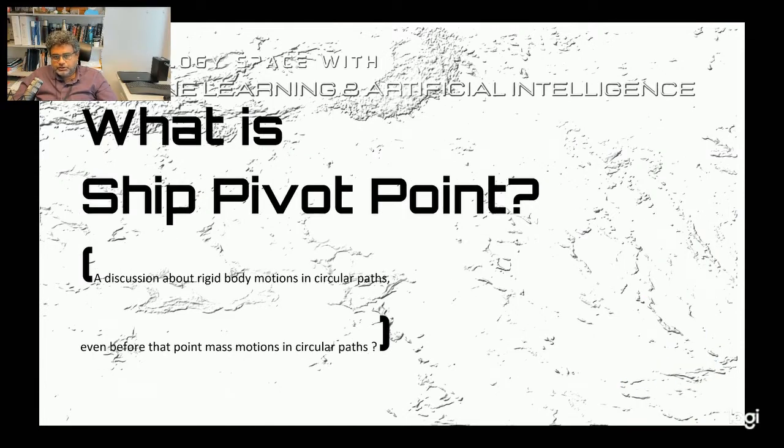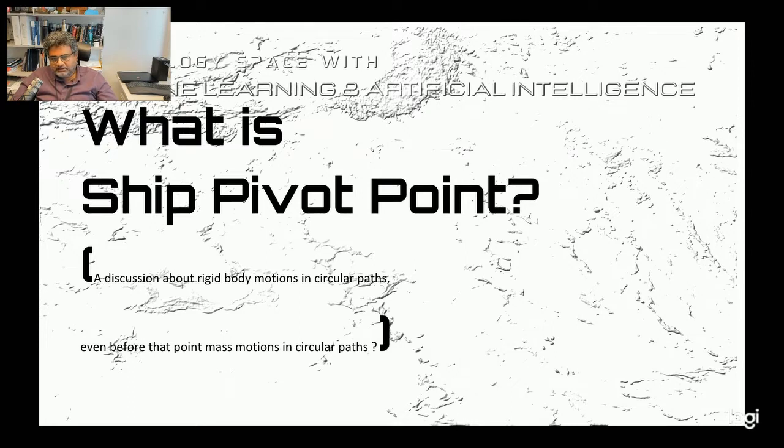So let's try to answer this main question: what is the ship pivot point? I think the answer may not be a straightforward one. You may have to develop some type of mathematical concepts to explain the ship pivot point. So let's take one step backwards.